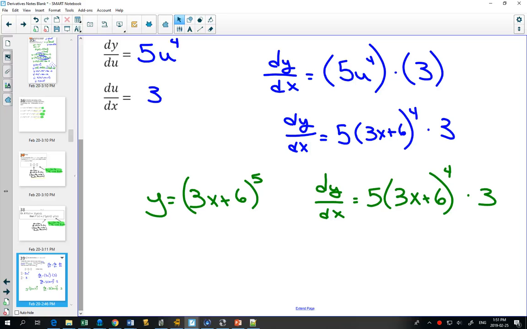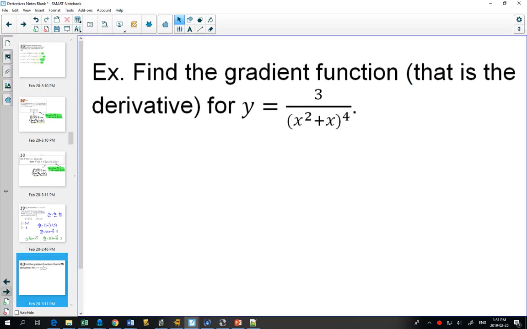From now on, we're going to get things so that we can see inside functions and outside functions. Often, you'll use some of your algebra skills to manipulate first. So in this situation, I have x squared plus x as an inside function inside a power of 4.